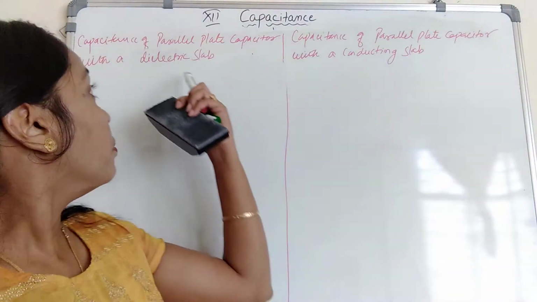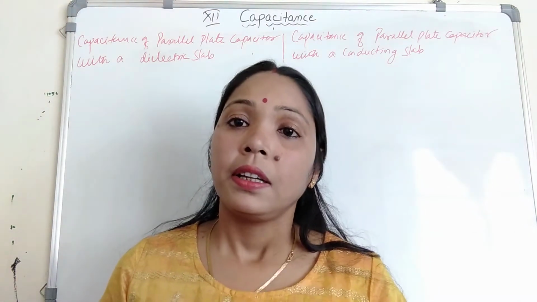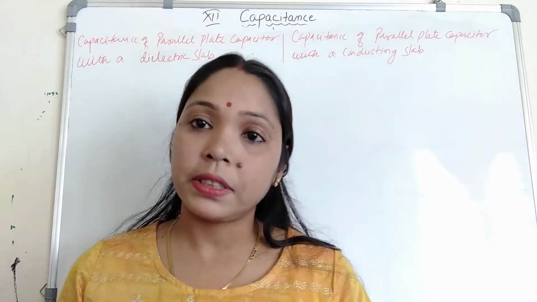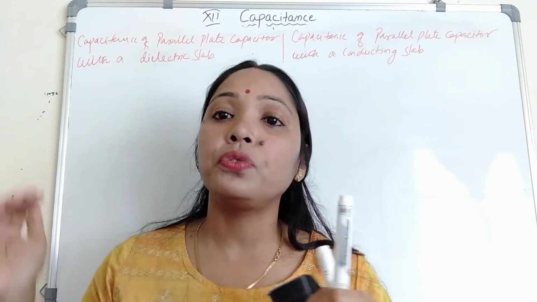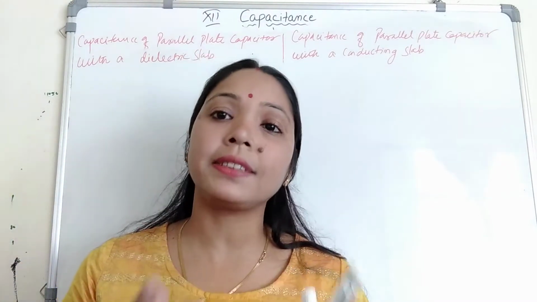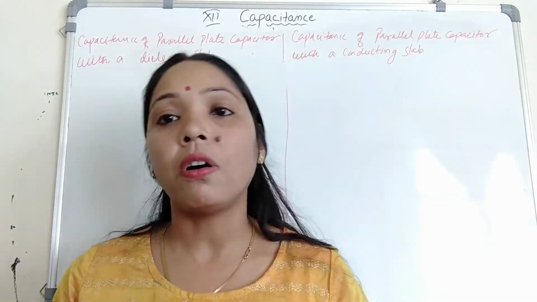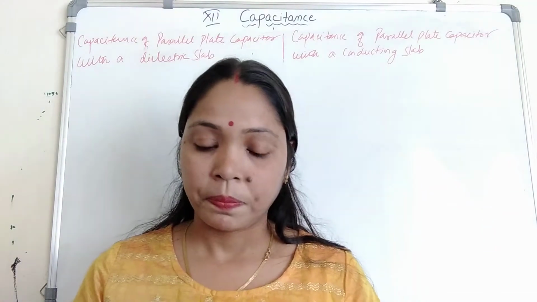Now what is a dielectric? A dielectric is an insulator which does not allow the charge to flow, but it permits the exertion of electrostatic force, either force of attraction or force of repulsion.